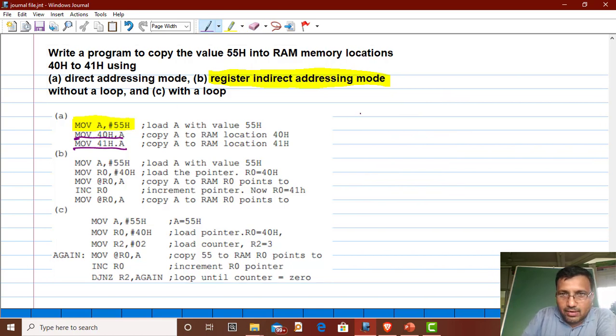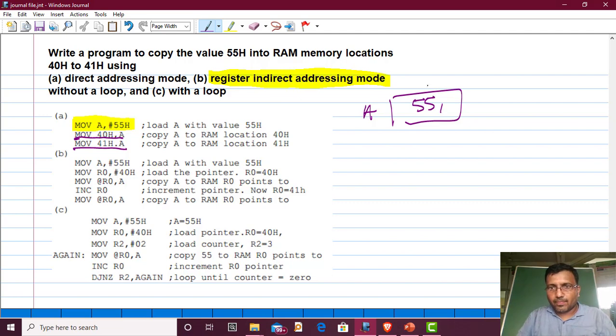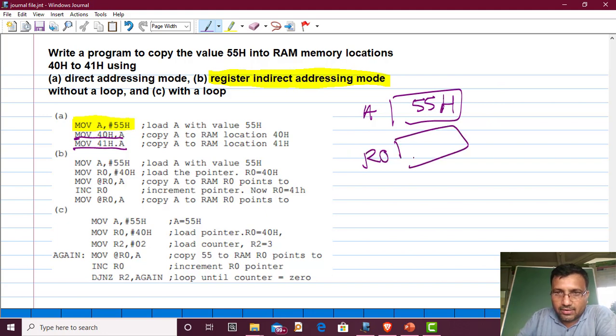Again we first load the accumulator with 55H, so the accumulator contents are 55H. Then next is R0. We are just taking R0 as a pointer, so R0 contents are 40H.